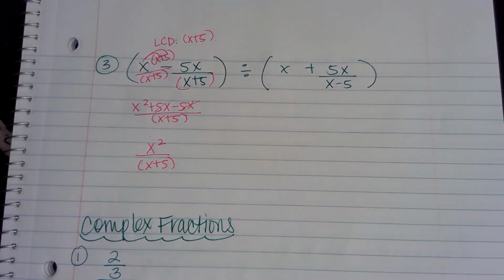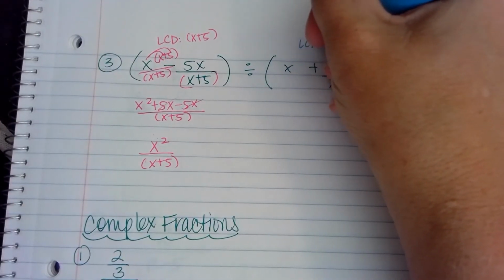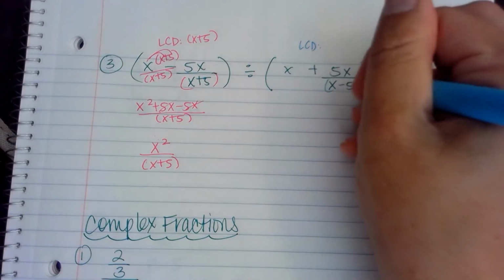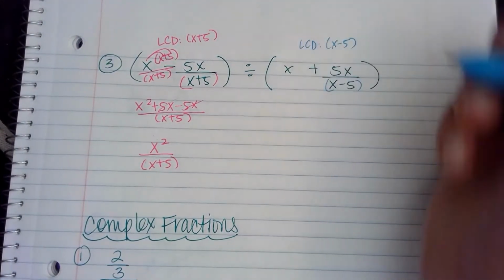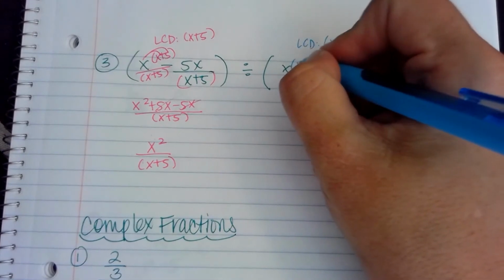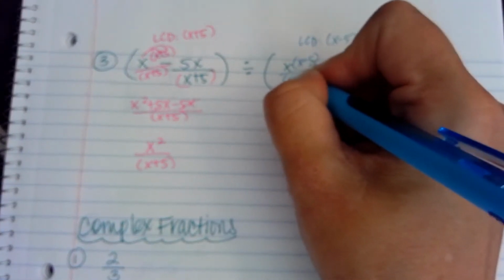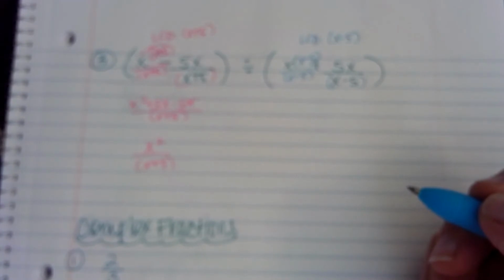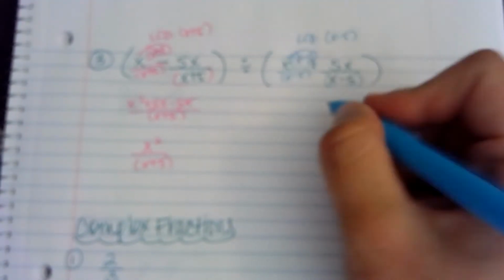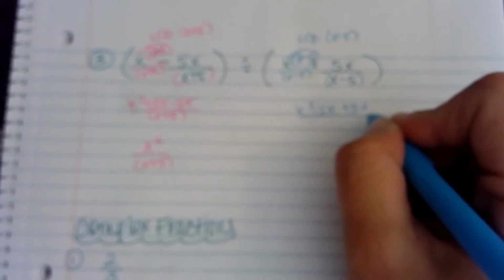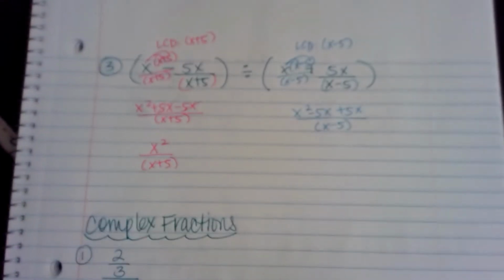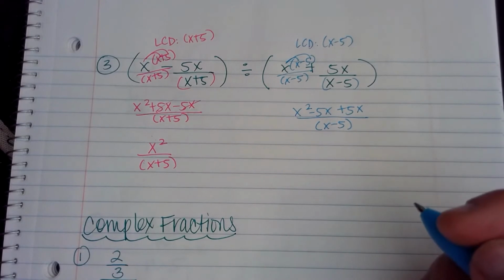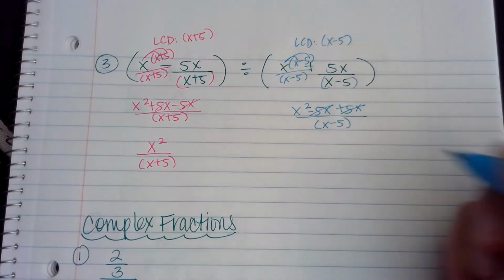That's for the left side. Okay. On the right side, my LCD, there's a group, is x minus 5. So I'm going to multiply this by x minus 5 over x minus 5. And when I distribute, I get x squared minus 5x plus 5x all over x minus 5. Okay. Those cancel.